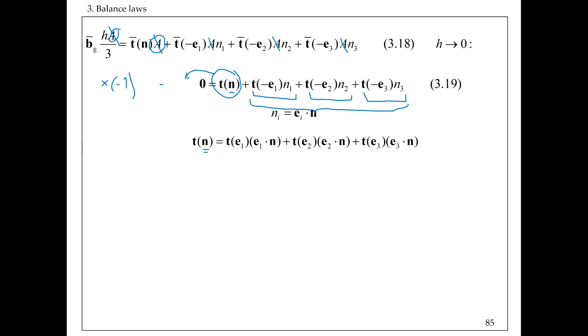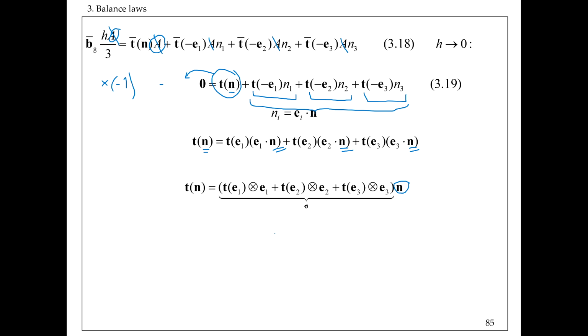Another thing we can notice here is that we can pull that n outside, and so we can rewrite it a little bit differently in this way. So n is going outside, exactly here on the right hand side.